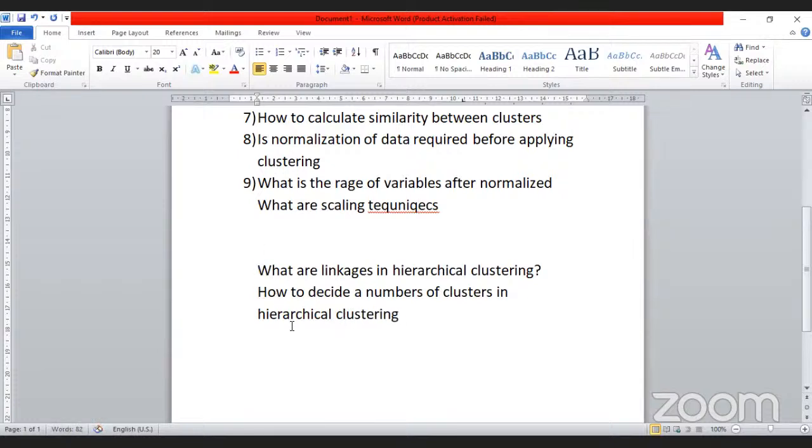How to decide the number of clusters in hierarchical clustering?